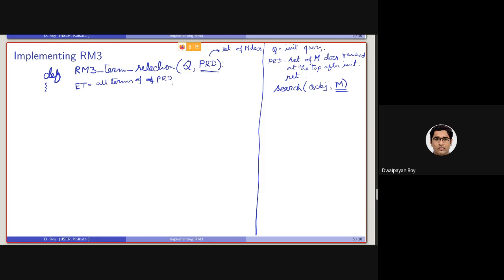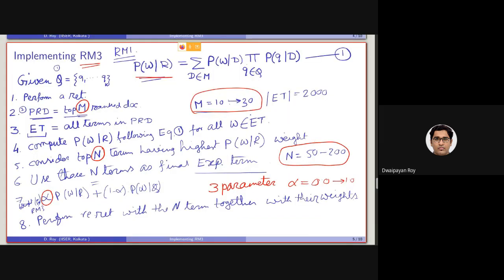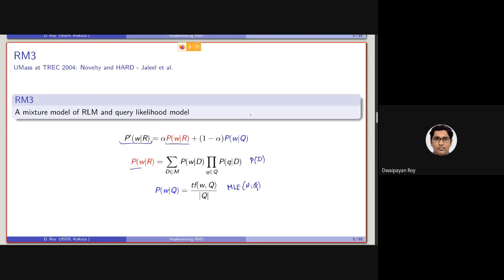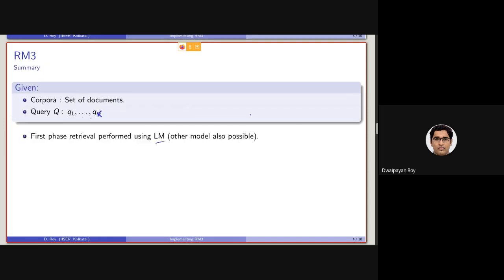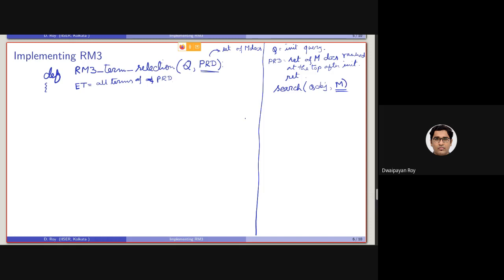How can we get that? I'll be discussing that in a bit. So let's say we have extracted all the terms from that PRD, from all the top rank M documents. Then, to keep ourselves always in the loop, let's just write it.